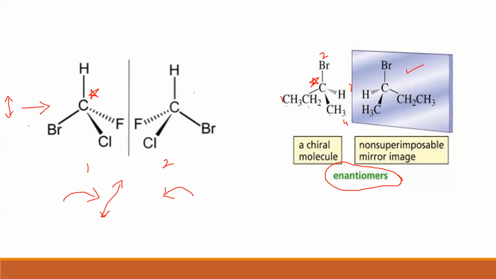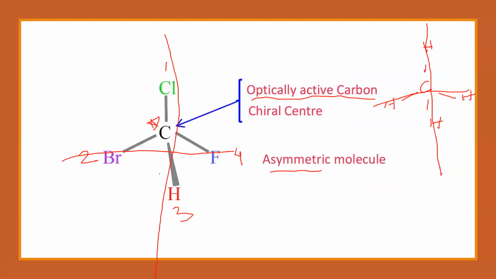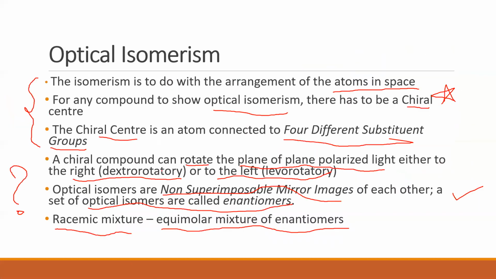If this light is passed through compound 2, then it will get rotated by an angle theta towards the left. Clear? Such rotation is called dextrorotatory or levorotatory.